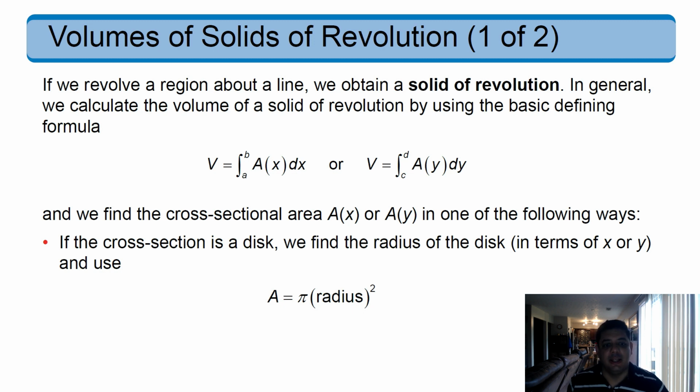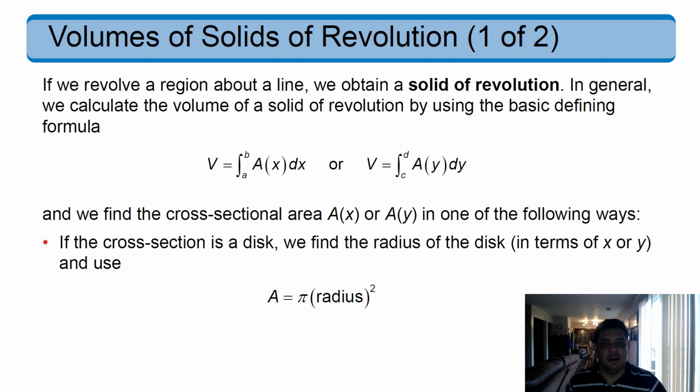And notice that because we are getting that solid of revolution, it's going to be very easy to quantify the volume in terms of calculating the areas on the particular interval where the function was defined. And this can be either in terms of the variable x or in terms of the variable y.